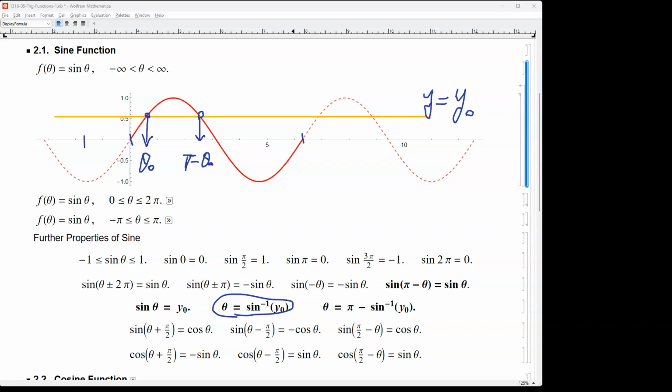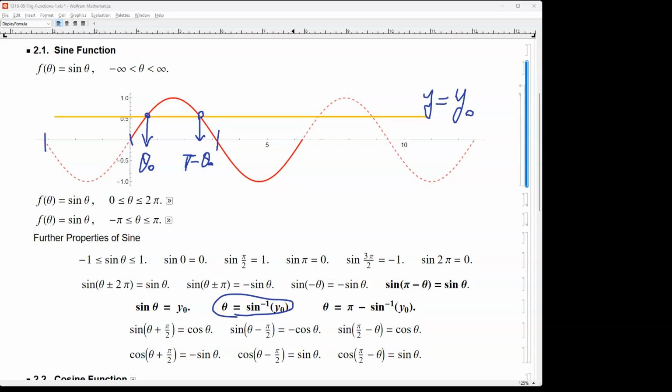From the principal domain, negative pi to positive pi. Excuse me. I marked in incorrect places. From negative pi to positive pi, as a matter of fact, I misspoke. But from 0 to pi over 2 will give you the same thing because of the periodicity.